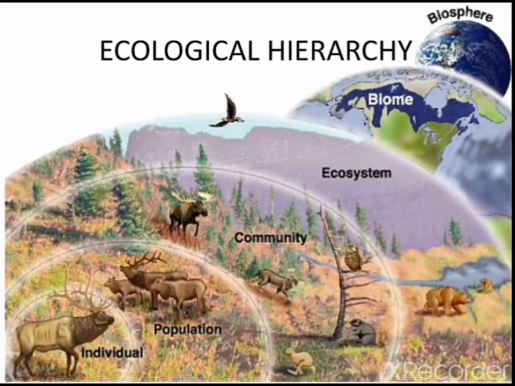A little higher level is the community, and then comes the ecosystem, which forms the biome. But as per NCERT, we have only four levels: individual, population, community, and biome. Ecosystem and biosphere are aggregated to form the biome. So in our syllabus, we have to study only four levels: individual, population, community, and biome.